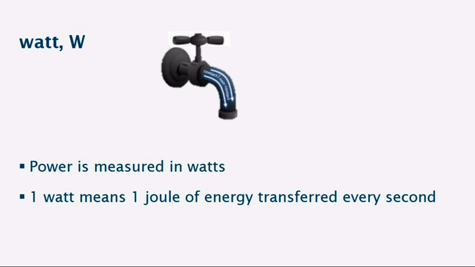So if you're transferring 2 joules of energy in a second, that would be 2 watts. If you're transferring 2 joules of energy in 3 seconds, that would be 2/3 of a watt. It would be 2/3 of a joule transferred in each of those 3 seconds to make 2 joules altogether. So we can say that 1 watt is equal to 1 joule per second.